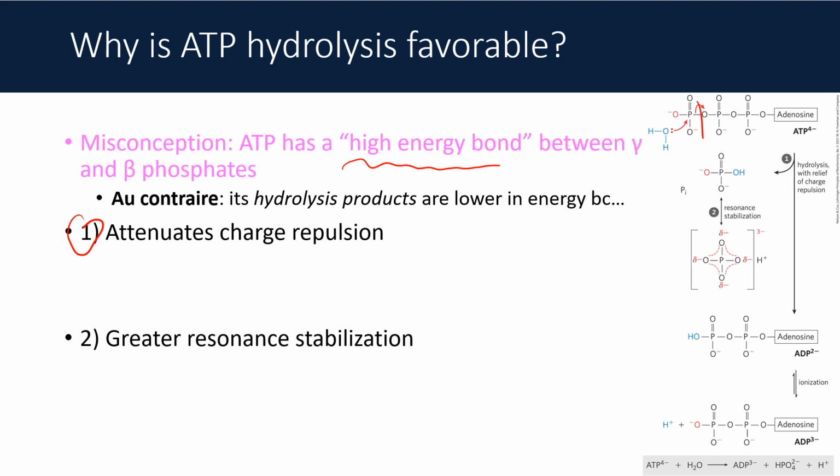The ATP molecule has 4 negative charges on it, as is. That's a lot of negative charge density in a small proximity. When you cut that bond, you divide the negative charges equally between a phosphate ion and ADP. So you reduce that internal charge repulsion, which hence lowers the energy of the products.